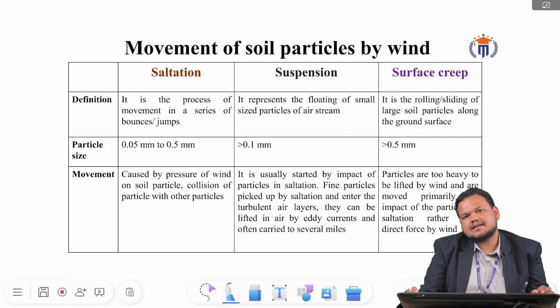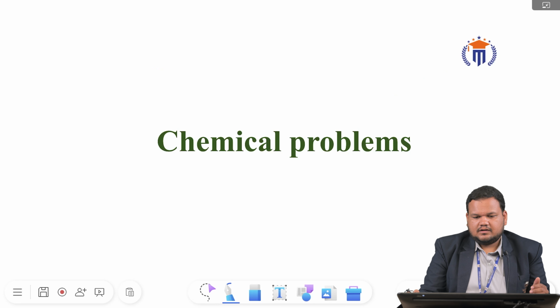The particle size is less than 0.1 mm, and these fine particles go into the air and roam within the air. And next, surface creep is nothing but a rolling or sliding of particles on the ground surface, which happens with heavy particles, more than 0.5 mm. As they are too heavy to be lifted by wind, they move along the ground.